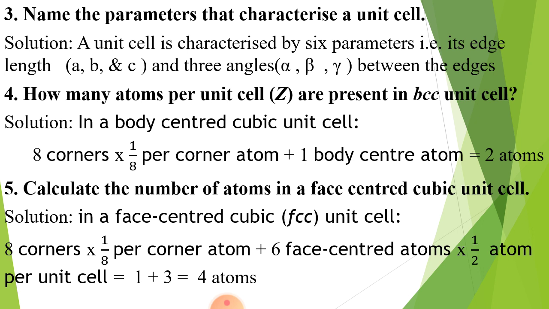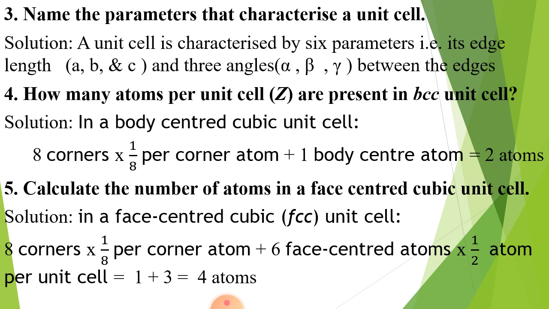So answer you can write like this: 8 corners into 1/8 per corner atom position plus 1 body center atom. On solving this, you get total number of atoms 2. So you just have to learn this also, that BCC contains 2 atoms per unit cell.